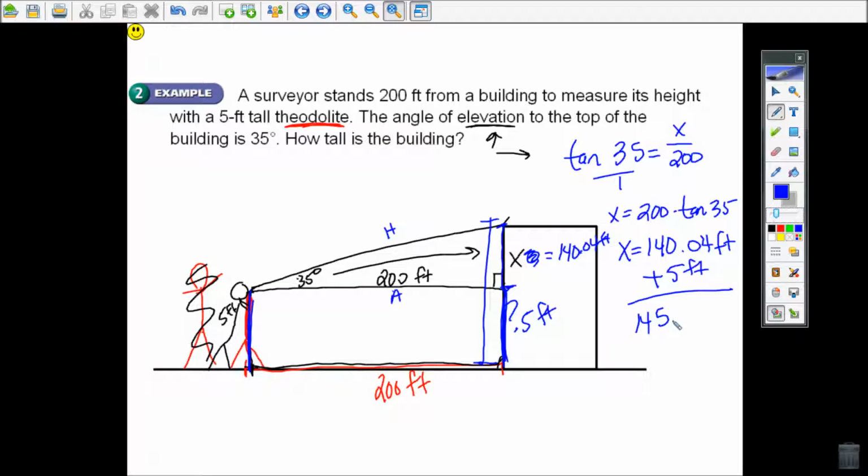So 145.04 feet. Now, obviously this is not drawn to scale because it looks like your 5 feet is the same length as 140 feet, but just giving you an idea that when your eye level is your horizontal line, your angle of elevation, you might have a little bit that you have to add in. In this case, we had to add in that 5 feet.